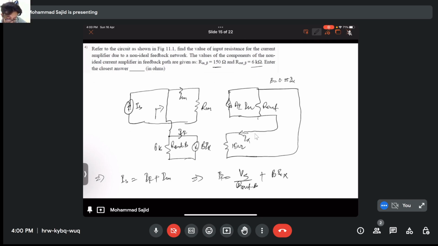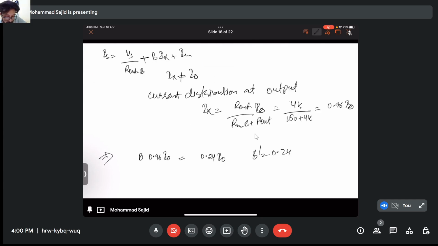Now, what about the input? It will change as well, right? So let's for the time being take it as this value and do the further calculation. So we reached here, right?